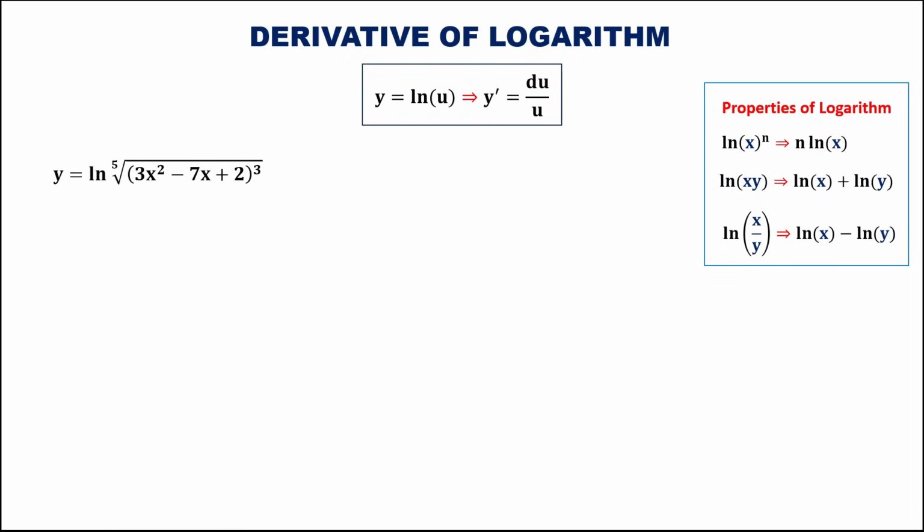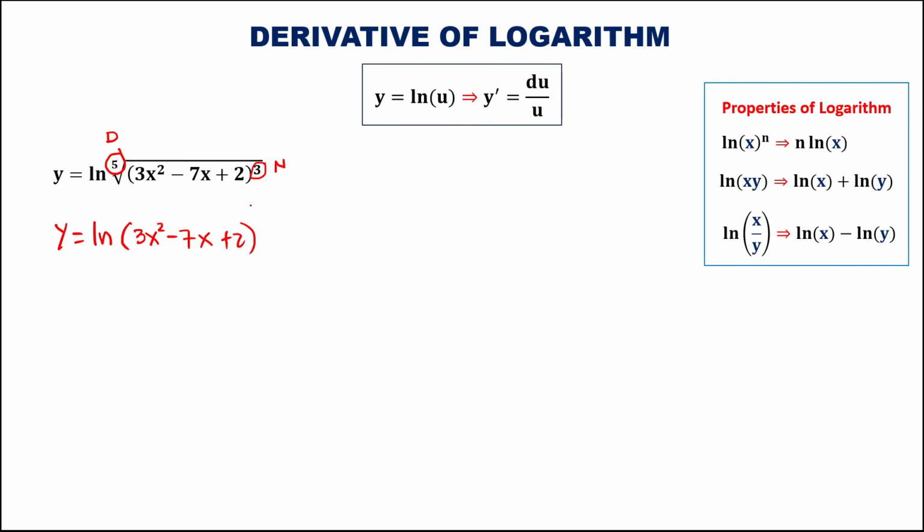Then for this given in radical form, first we need to rewrite this radical in exponential form. So we have y equals ln. In exponential form, this becomes 3x squared minus 7x plus 2. Then for the exponent, this root becomes the denominator, and this exponent becomes the numerator.